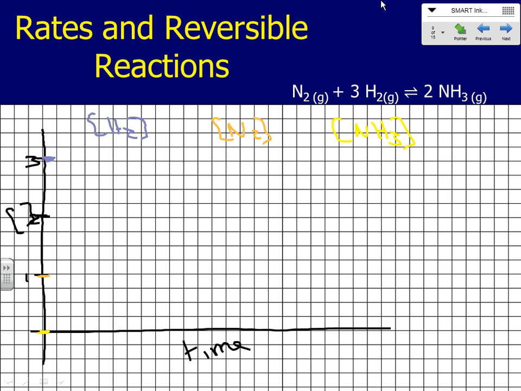It's like building fighter jets and having another person destroying the fighter jets. At first, building is going to be a little faster because there's none to destroy. Then, as we get going in the production of fighter jets, they'll be able to destroy them faster. And so there's this competing forward rate and reverse rate.